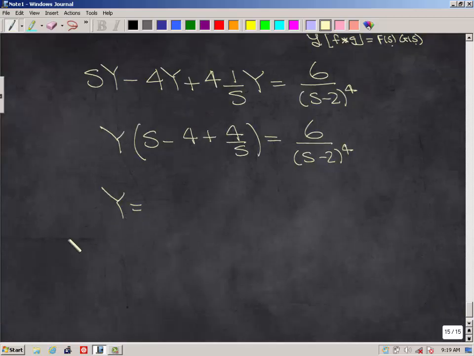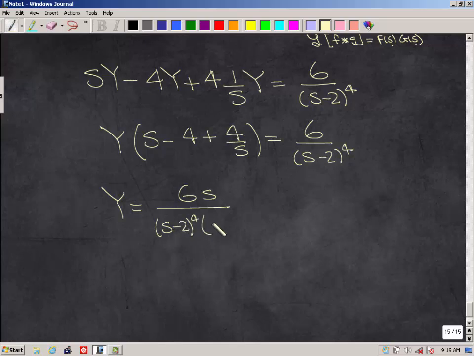So we can find the common denominator here, which would be s, so you'll get s squared minus 4s plus 4 over s, then cross multiply everything, so we get 6s over s minus 2 to the fourth times, okay, we'll end up with what? S squared minus 4s plus 4, which is just the same as s minus 2 squared, just so you guys know. So this will become s minus 2 squared.